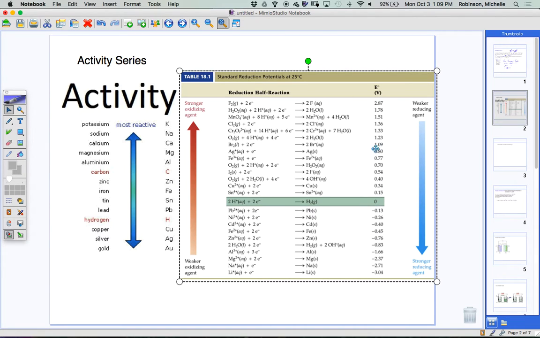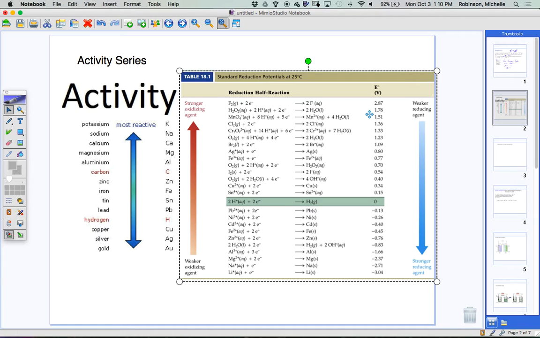What does the positive voltage tell you? It's easily reduced. So if it's easily reduced, is it an active metal or an inactive metal? Inactive metal, right. Because metals always become what kind of ions? Positive or negative? Positive. Metals become positive ions.